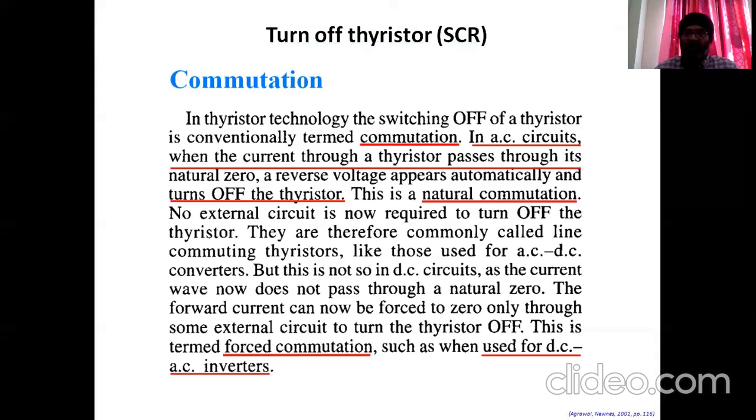So for turning on, the latching current is the minimum value of anode current where the SCR starts to conduct. And holding current is the minimum value of anode current below which the SCR turns off.